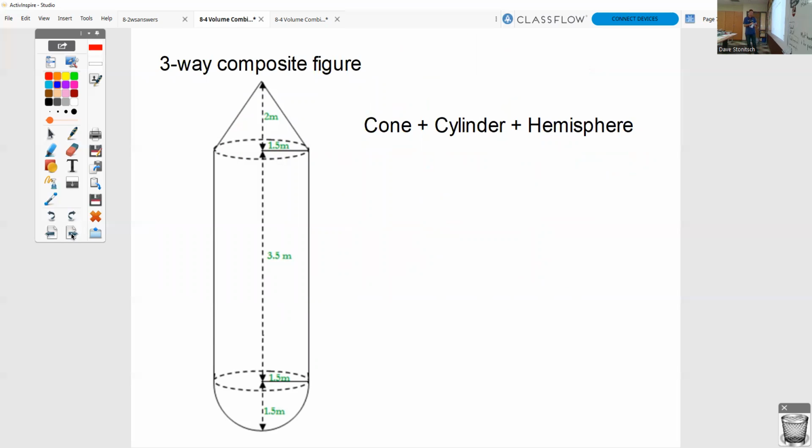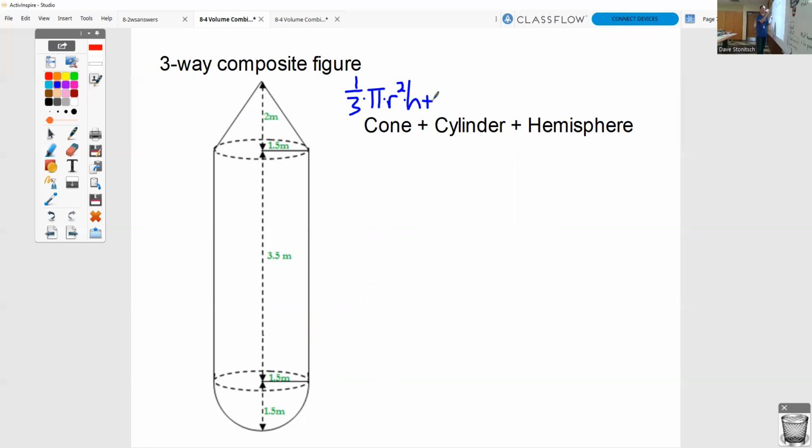Sometimes you're going to have 3 shapes. In this one, this is a 3-way composite figure. You have a cone on the top, a cylinder in the middle, and a hemisphere on the bottom. So we want to add together the cone plus the cylinder plus the hemisphere. For the cone, the formula is 1/3 pi r squared h.